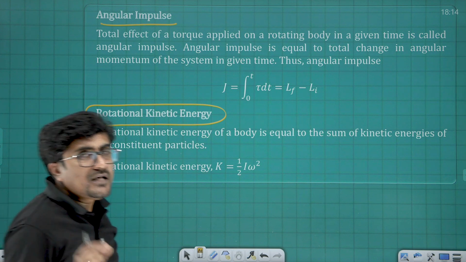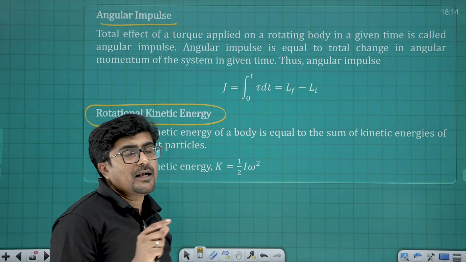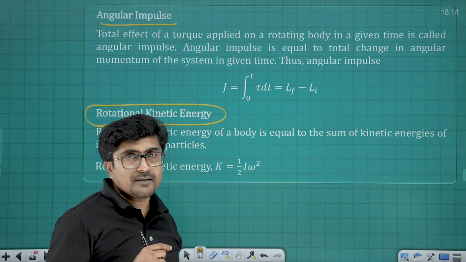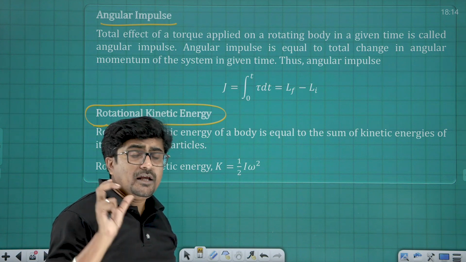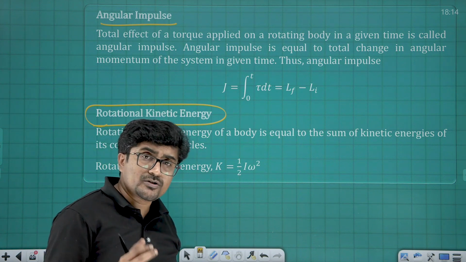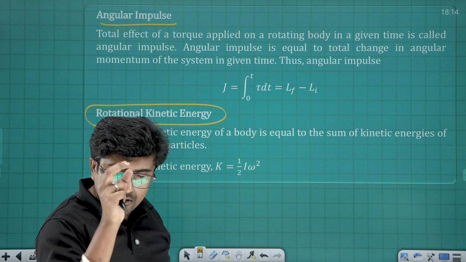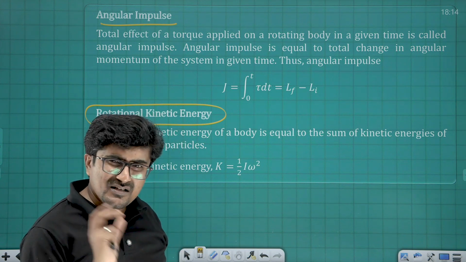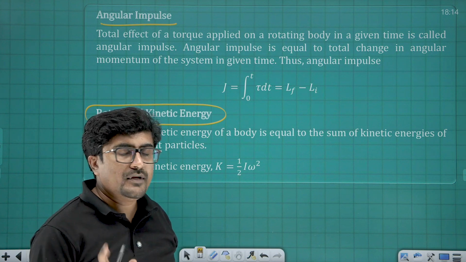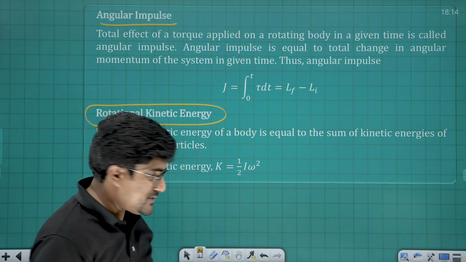Rotational kinetic energy is the kinetic energy of all the particles present in a body that is rotating. If a body is executing rotational motion, and we consider the kinetic energy of all the particles, the summation of all together will give the rotational kinetic energy.